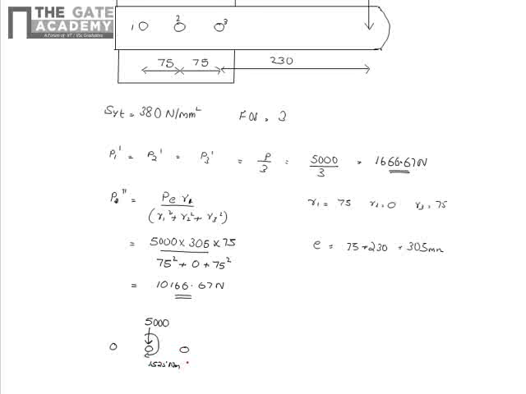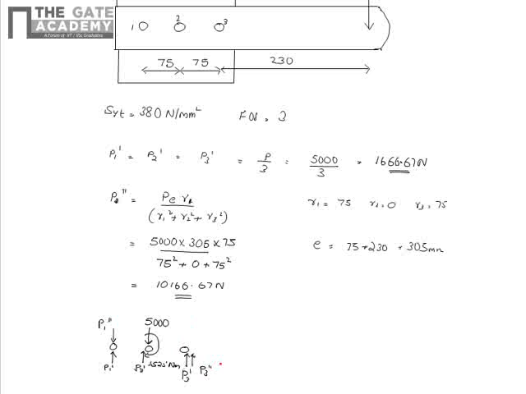Now this will cause a primary shear force this way in each of them, and secondary shear force will be acting this way. So this will be P1 dash, P2 dash, P3 dash, this will be P1 double dash, this will be P3 double dash.